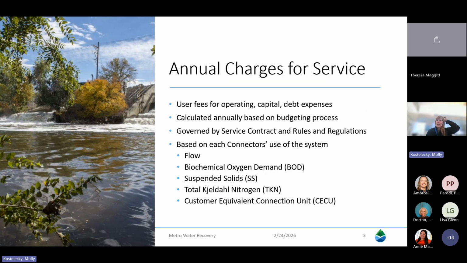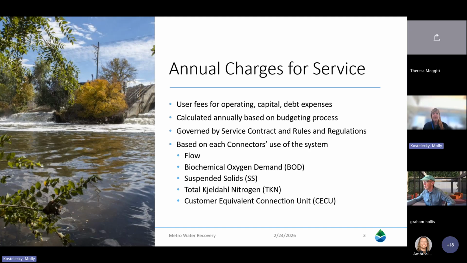Annual charges is Metro's user fee to the connectors. As most of you know, we are a wholesale operator of wastewater services. We have 65 connectors, some of which we bill directly, some of which are passed through from our connectors.